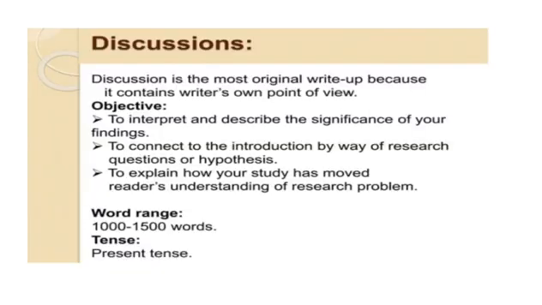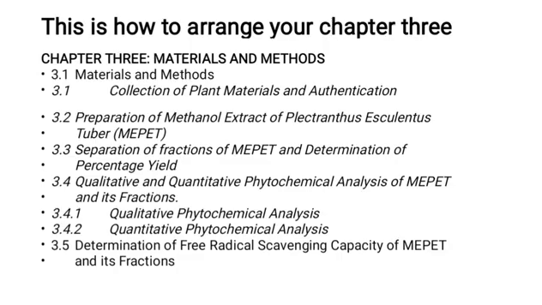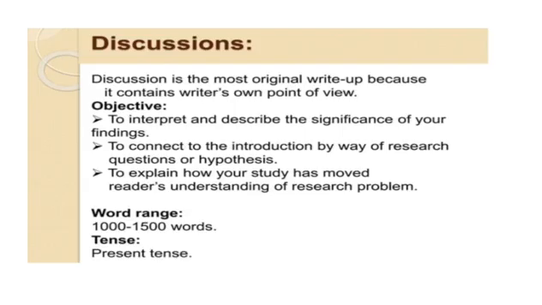Then you go over to results. Results come before discussion. Like I said, the way research is designed is such that the first specific objective will be the first under literature and under materials and methods.